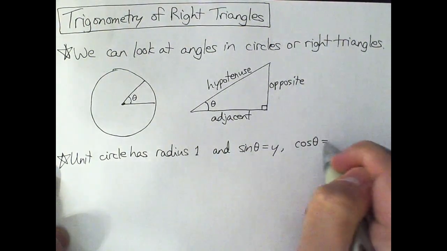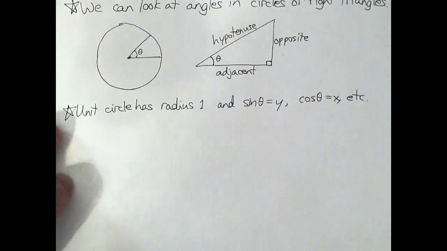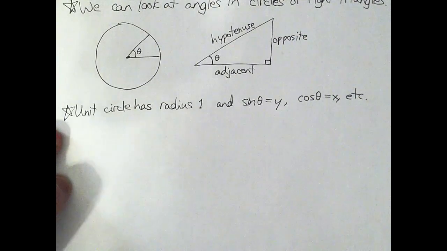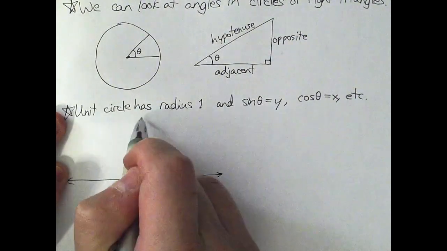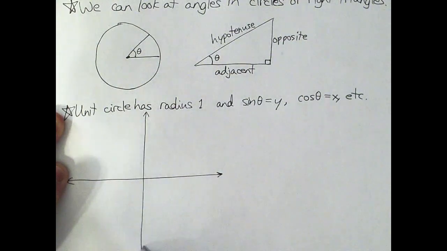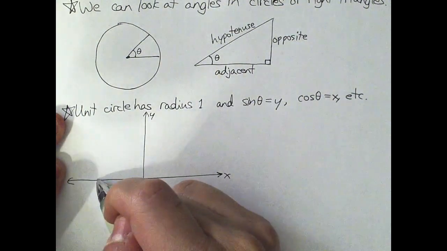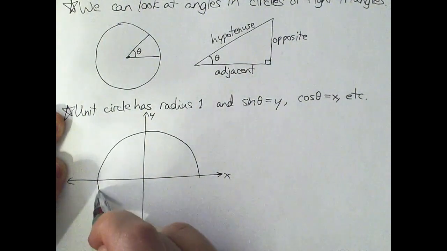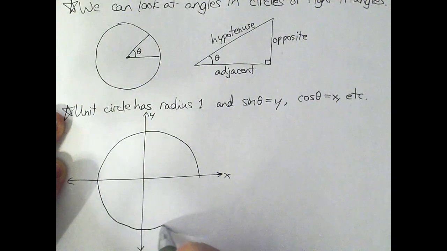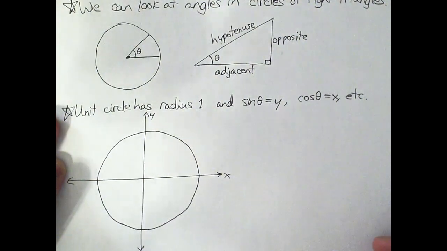Cosine of theta equals x, etc. So let's draw a picture of the unit circle. We'll draw the x-axis and y-axis on this one. And let's see how the circle and right triangle are related to each other.